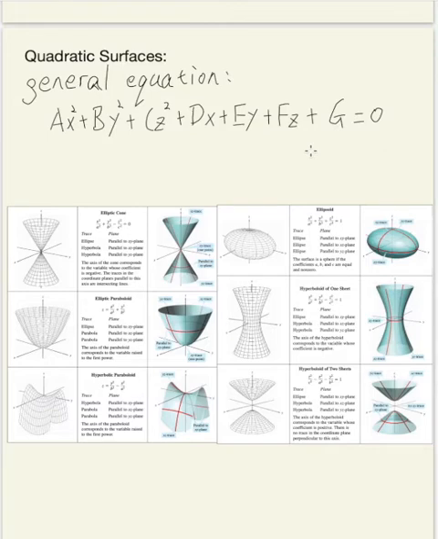In fact, with this general equation, there are 6 possibilities of what it looks like, and they're given here. So the general equation of quadratic surfaces describes these 6 shapes: elliptic cones, elliptic paraboloids, hyperbolic paraboloids, ellipsoids, the hyperboloid of 1 sheet, and the hyperboloid of 2 sheets. Now, how do we know that?